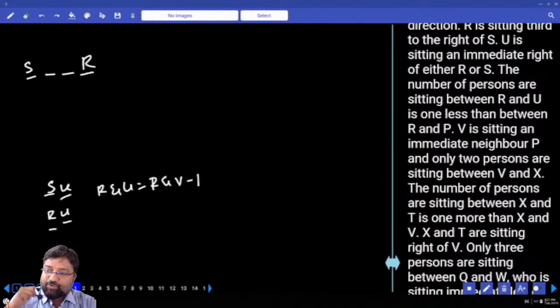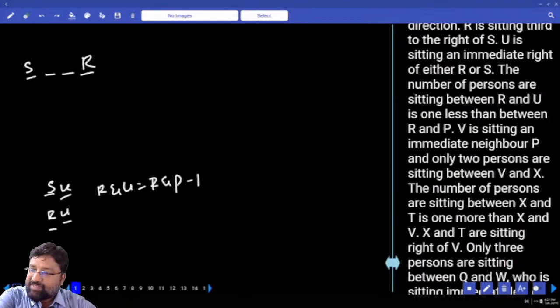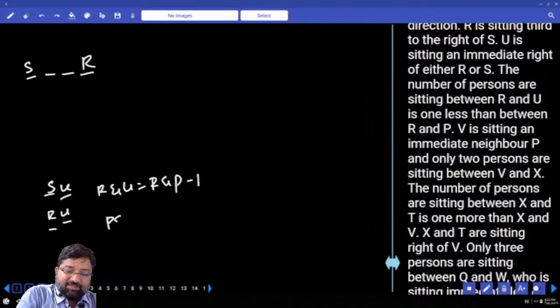So the number between R and U is 1 less than between R and P. Next, V is sitting immediate neighbor of P. Only 2 persons are sitting between V and X. P and V, adjacent or not adjacent?